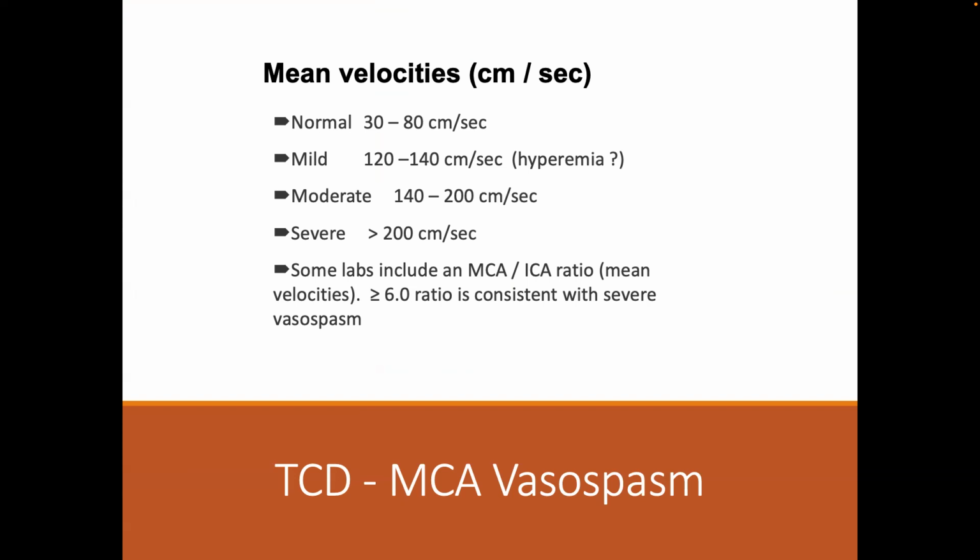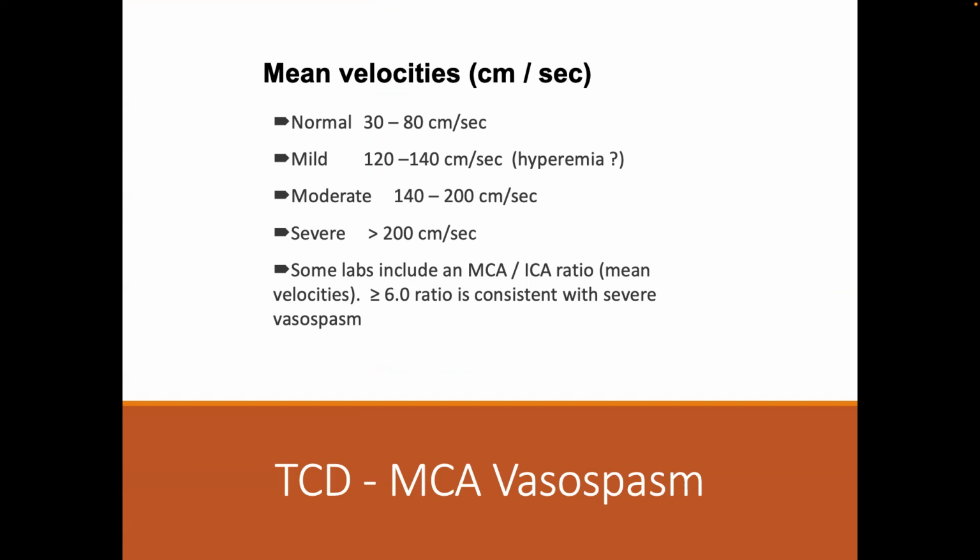So basically you divide the time average mean velocity of the MCA by the ipsilateral distal extracranial ICA, which is the part that we measure when we're doing a carotid Doppler, but you're using the transcranial.